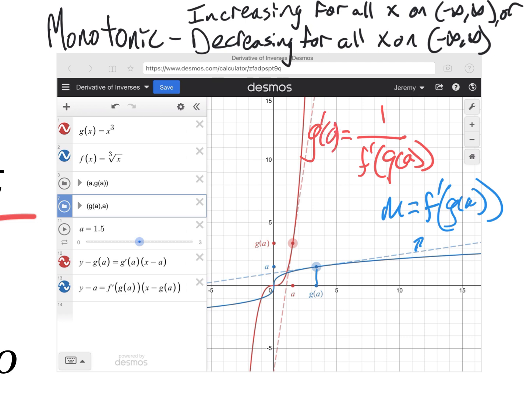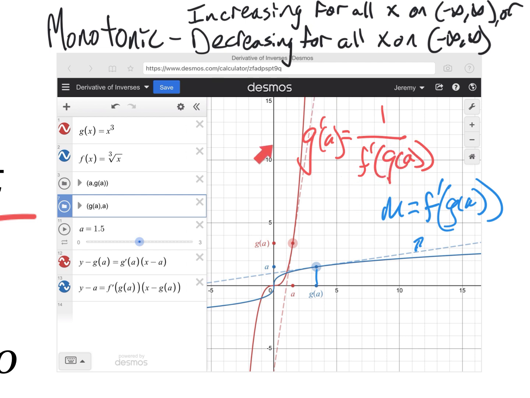And there we can see our important formula. This is the formula that we're going to want for the definition of the derivative of an invertible function. So what is this saying? The derivative of a function g is 1 over the derivative of the inverse function f at g of a.